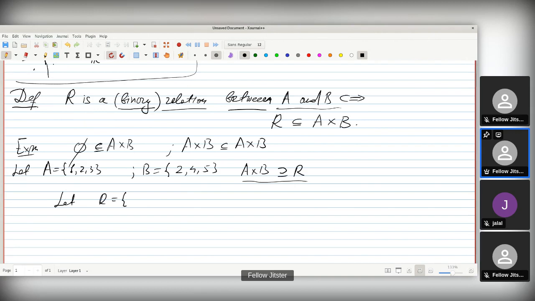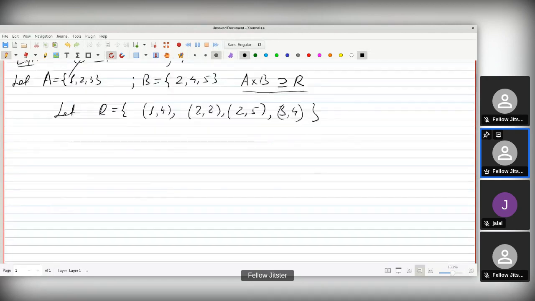Let R consist of, say, (1, 4), (2, 2), (2, 5), and say (3, 3), (3, 4). That's all. So this is an example of a binary relation between A and B.